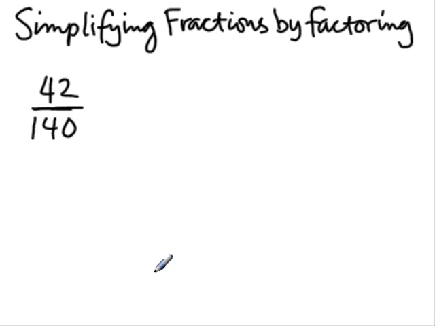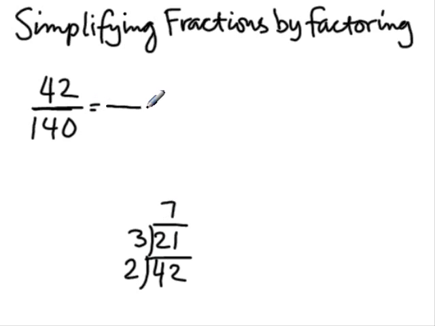So let's take the two numbers, 42, and find its prime factors. 2 goes into 42 21 times, and 3 goes into 21 7 times. We actually just did this number on the previous fraction, except on the previous fraction, 42 was in the denominator. Here we have it in the numerator.